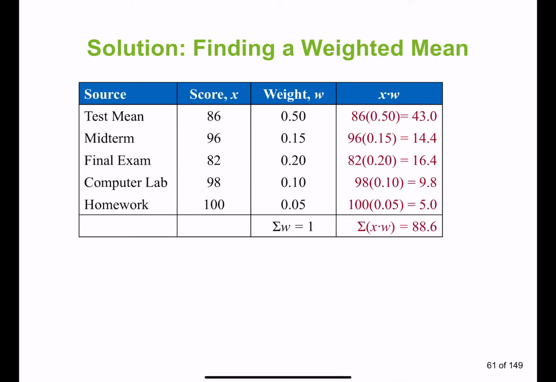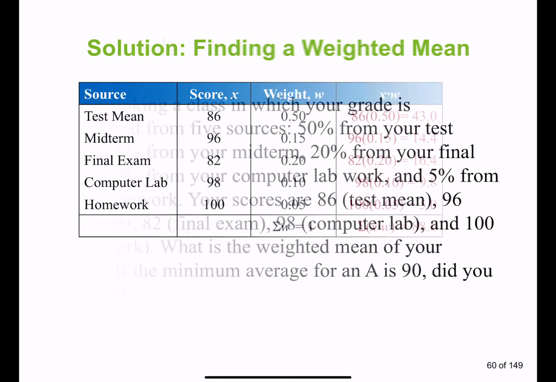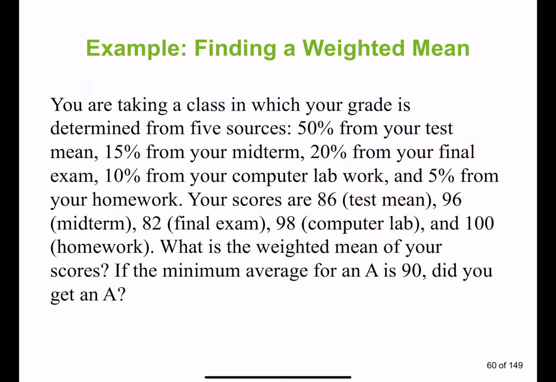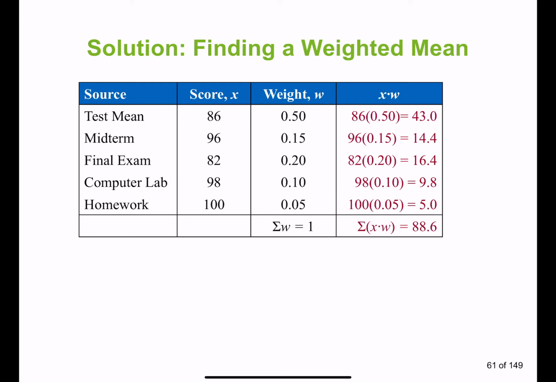Let's see. Here we placed in the table all this information. Test mean is 86, the weight is 50%, therefore this is the average. 86 is not one test, it's a test mean.